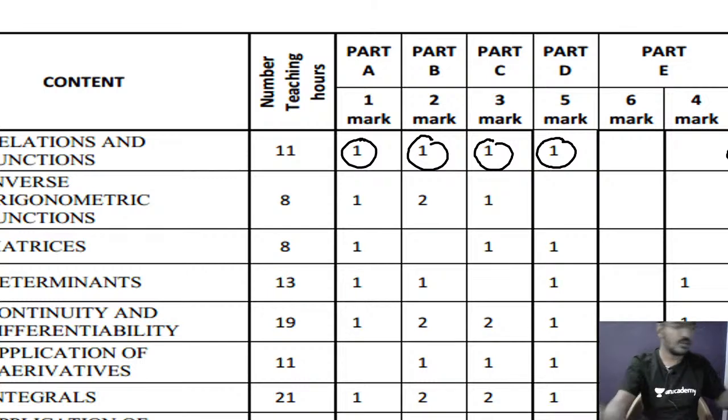You just go on, because I can't give the printout of them in the slide. For example, they may ask: give an example for a symmetric relation, or give an example for a reflexive relation, or give an example for a transitive relation. Otherwise they will go for binary operations, and in that they can ask your 1 mark question.